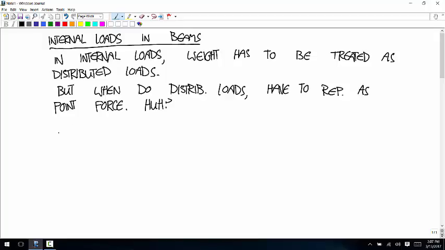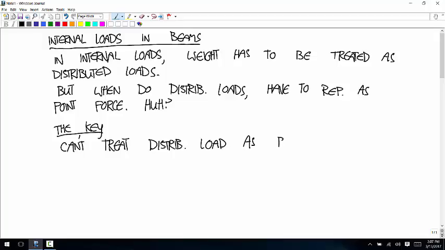This is the key. The key thing is you can't treat a distributed load as a point force until you've chosen the body to isolate.